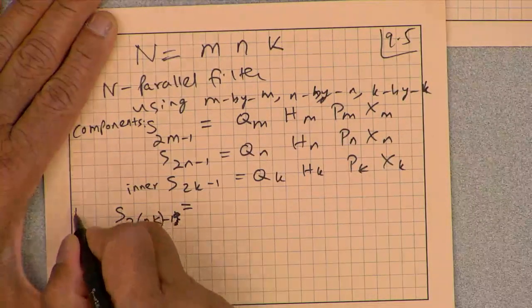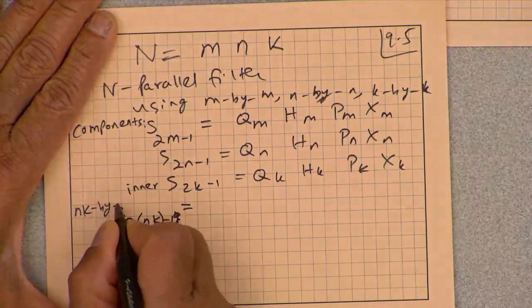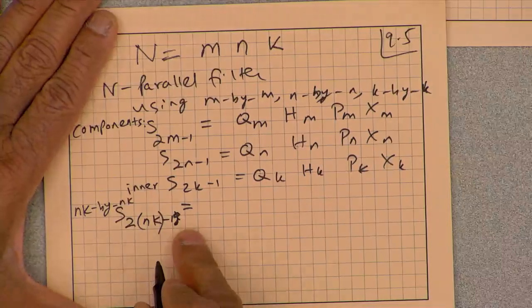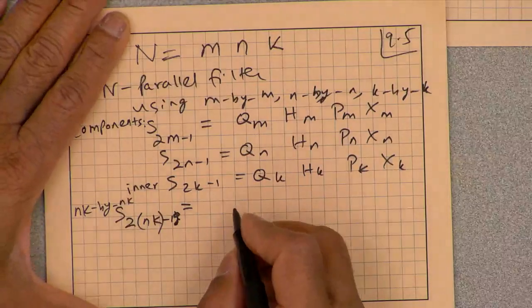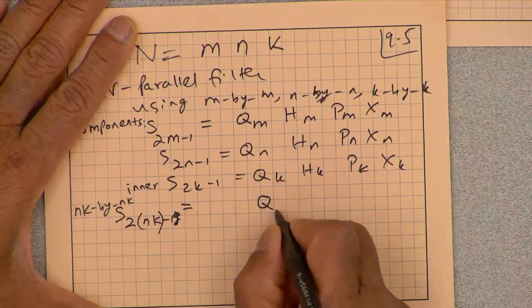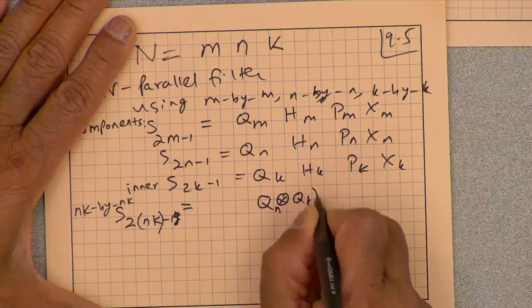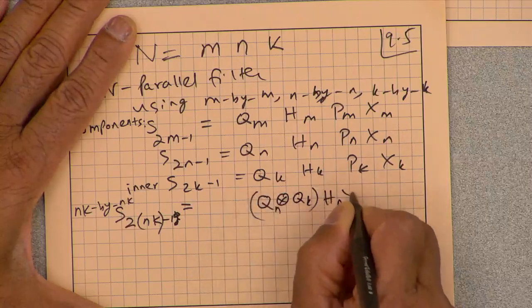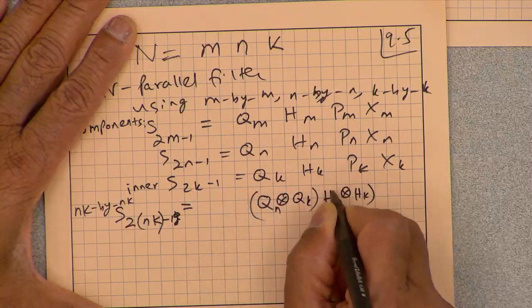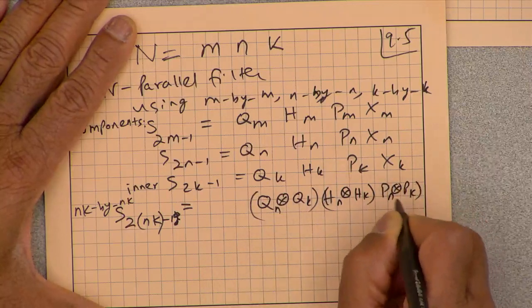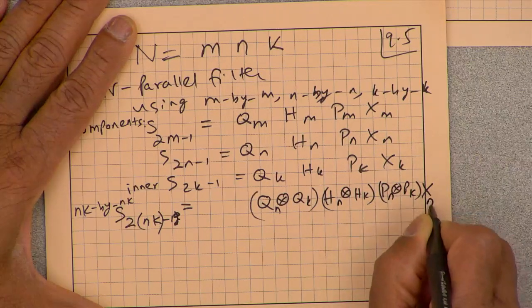So this is nk by nk, and the length of the convolution is 2nk minus 1, and that's going to be Qn Kronecker product Qk times Hn Kronecker product Hk times Pn Kronecker product Pk times Xnk.